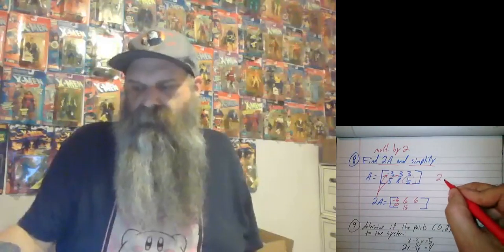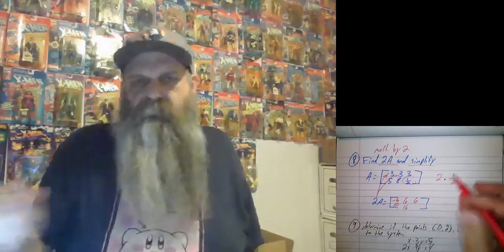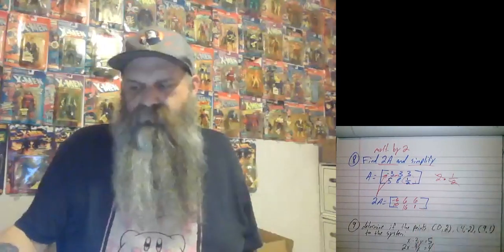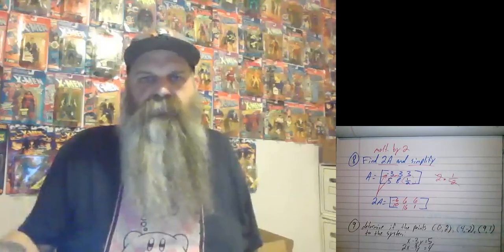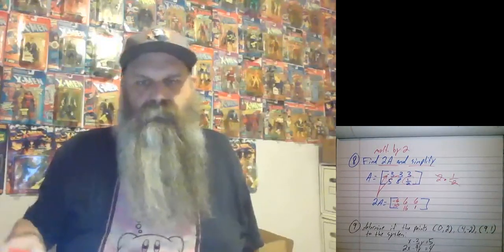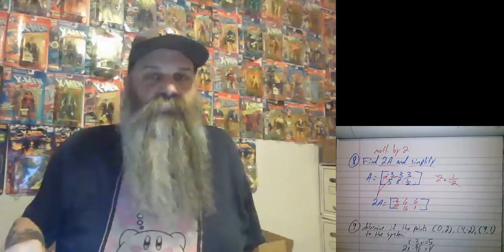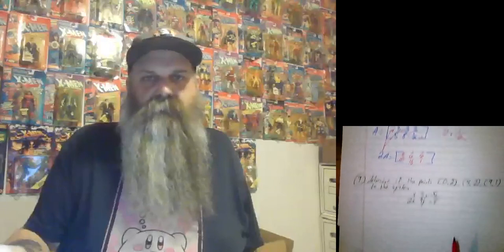And of course, take any of these off to the side if you want. 2 times 1/2, the 2's cancel, and it becomes 1. Or 2 halves make a whole, however you think about it. So number 8 is a pretty easy one. You're just multiplying the elements by the given multiplier.